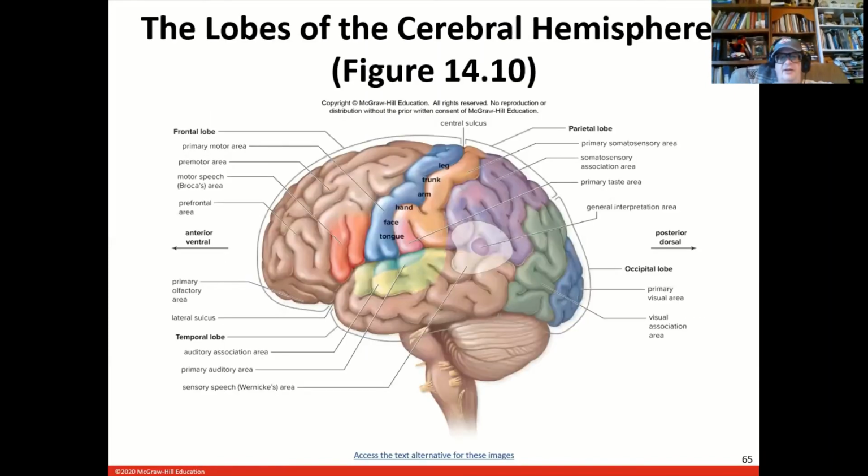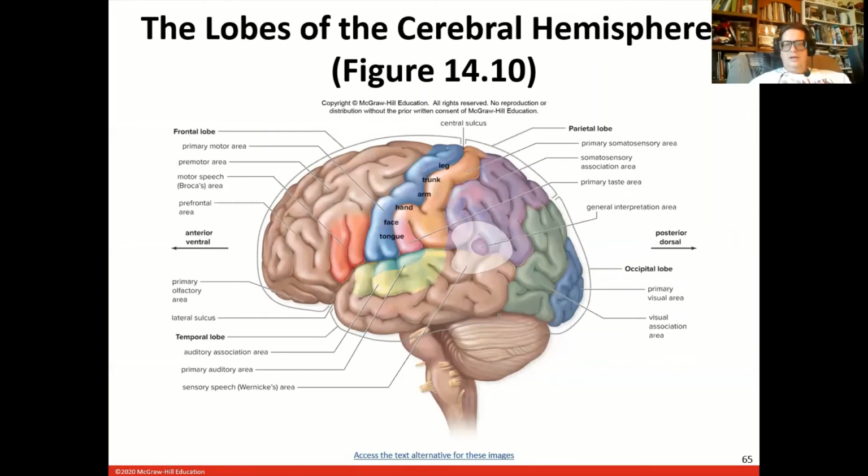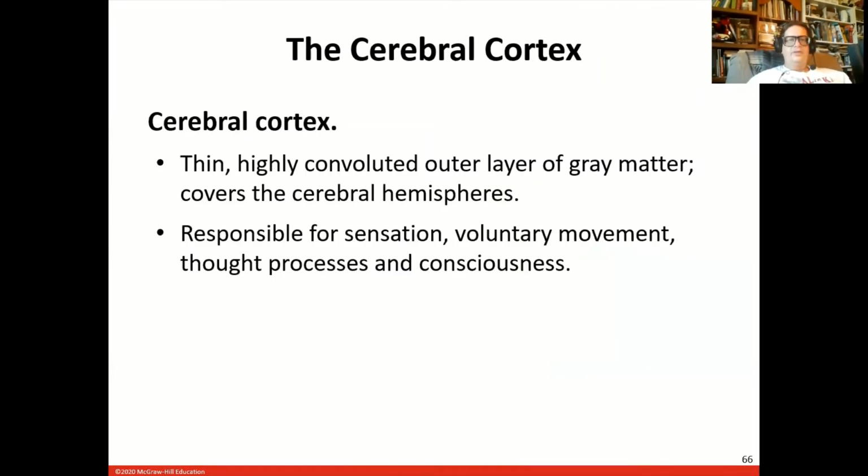All right, and here's the pretty picture. You're going to see this picture with modification again and again. Moving on. So the cerebral cortex, the gray matter, it's thin. It's got a lot of grooves and wrinkles in it. The thick, wide areas that are raised are called gyri.